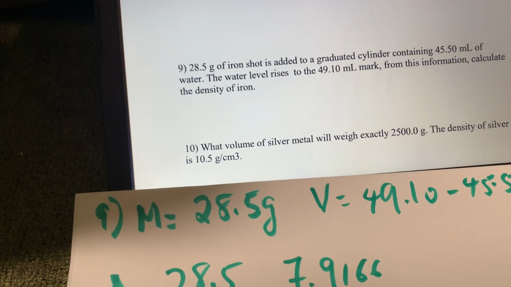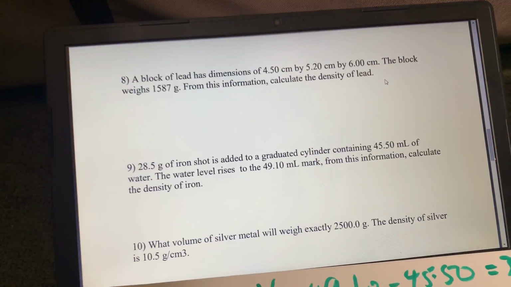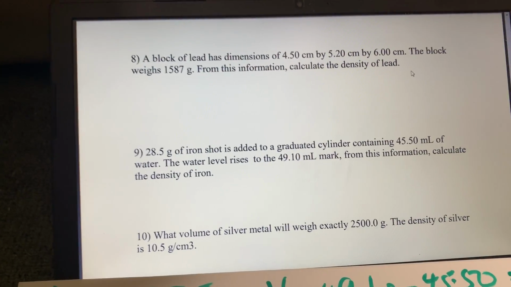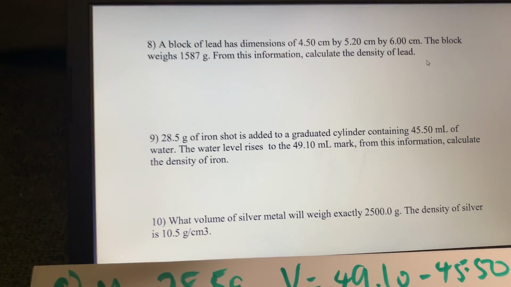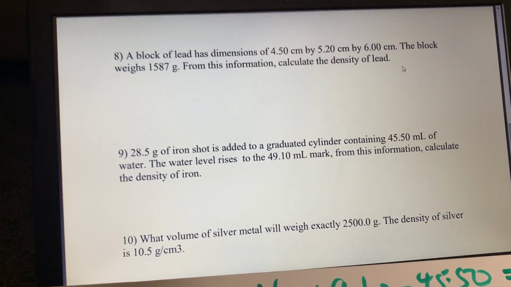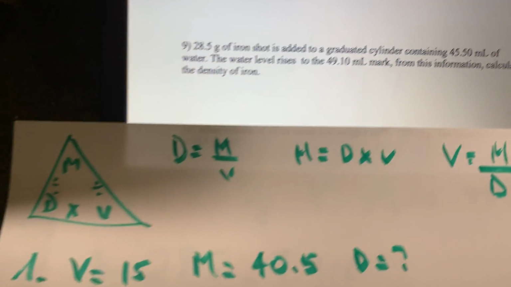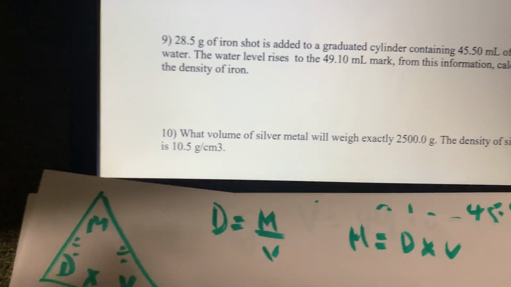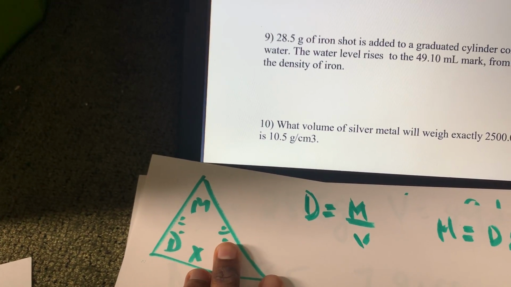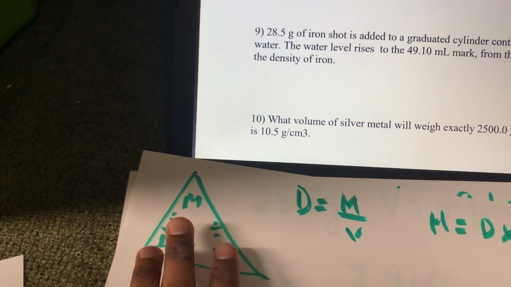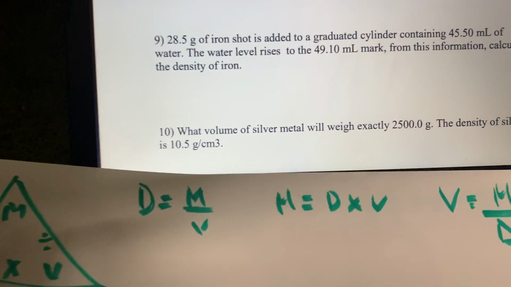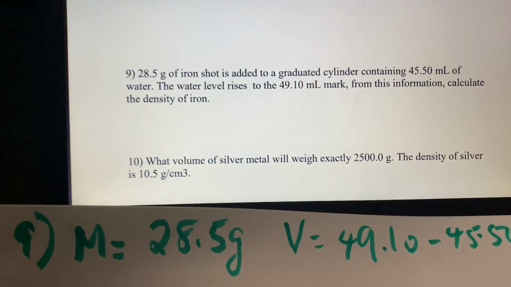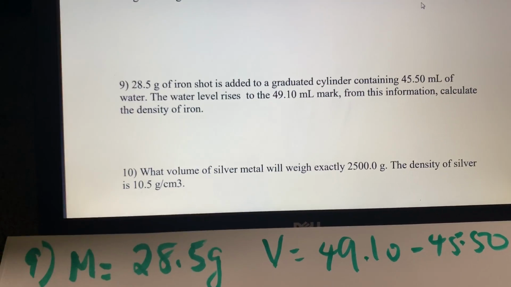Based on what I was saying earlier about volume, to find the volume, it has its own formula, like the way we did it earlier with a triangle. Now to find the volume, what do you need? You need the mass divided by density. So to find volume, you put your hand on volume. So we have mass over density. That's what we're going to use.